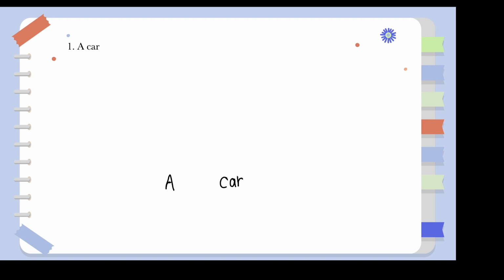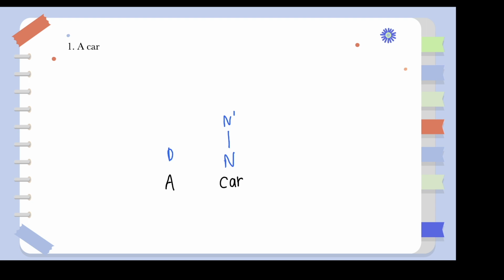A is the determiner. D stands for determiner. In this case, we won't write it as ET anymore. And car is N. So in X-bar theory, when you have N, bigger than N is N-bar.